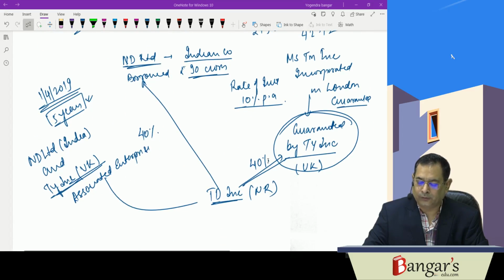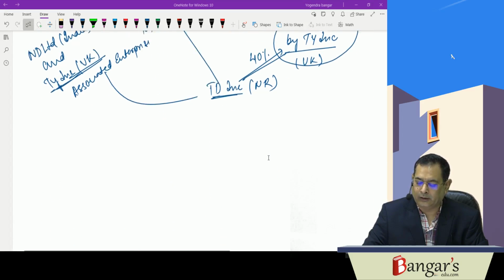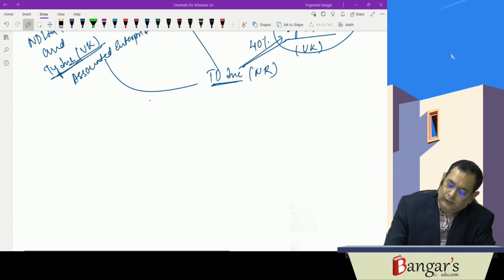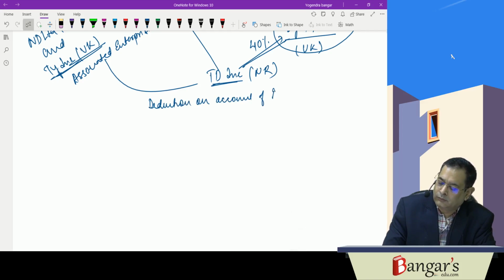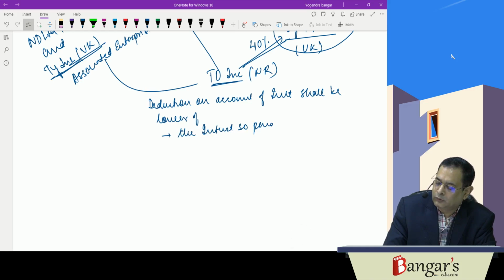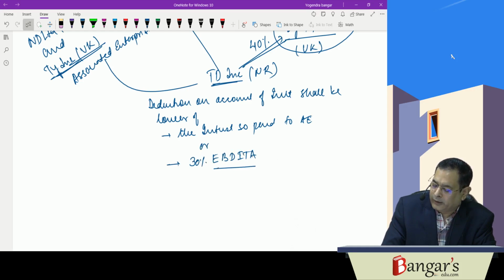Therefore, the deduction on account of interest shall be the lower of the interest so paid to the associated enterprise, or 30% of earnings before depreciation, interest, tax, amortization.